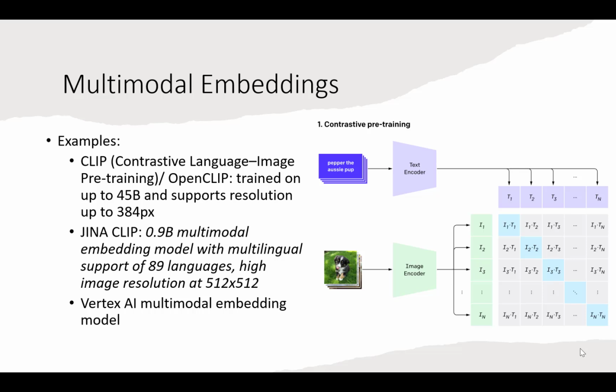And I start with the first one. It is a CLIP model, or Contrastive Language-Image Pre-training model. It's a neural network trained on a variety of image-text pairs. It can be instructed in natural language to predict the most relevant text snippet given an image without directly optimizing for the task, similar to the zero-shot capabilities of something like GPT-3.